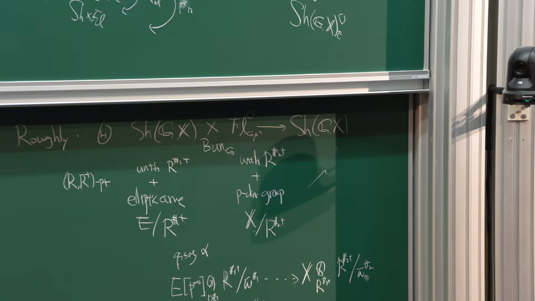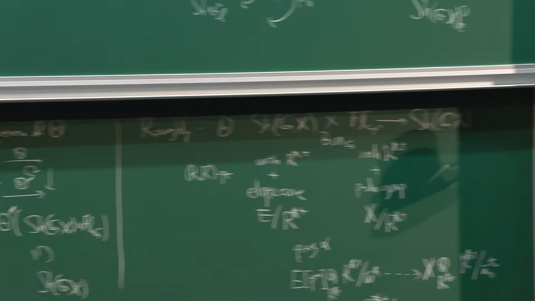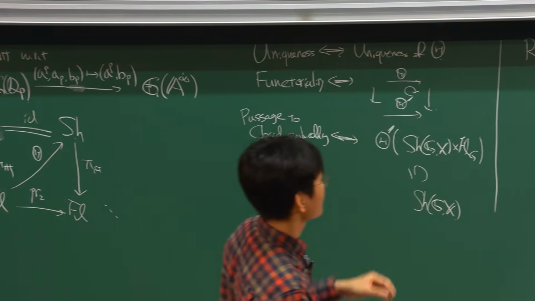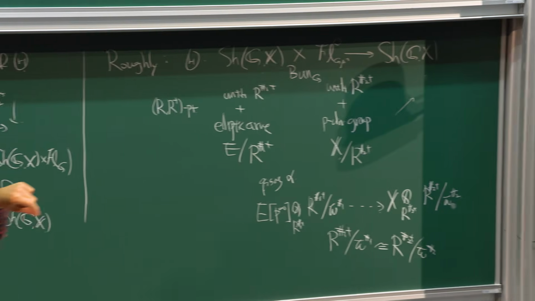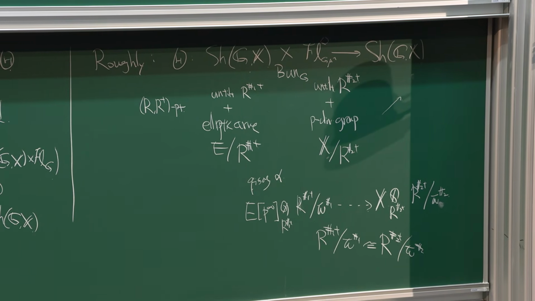Sorry, but in Rapoport-Zink uniformization, is it also a product of the Shimura variety and this flag variety? Well, maybe there are more general versions, but my understanding was that usually you fix a starting point, and then you look at the Rapoport-Zink space mapping into the Shimura variety given by that kind of modification starting at a fixed point. Maybe it's more general, but right.